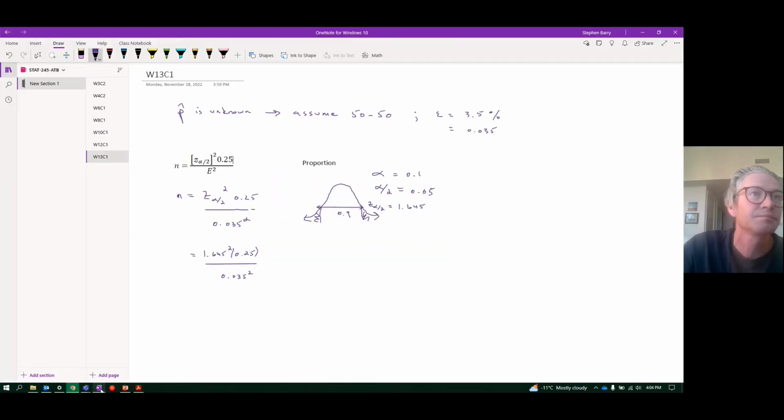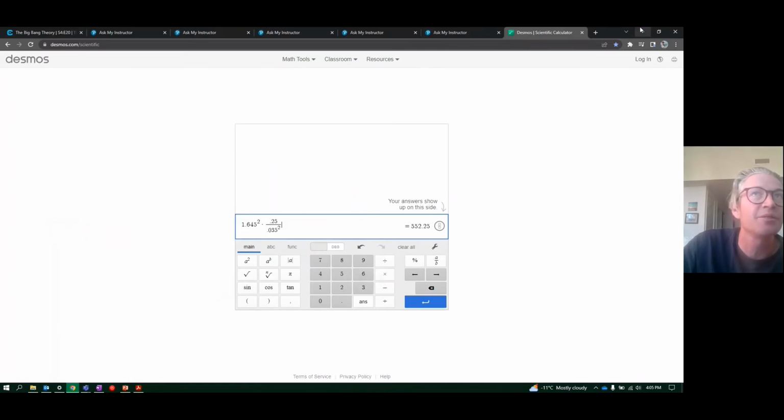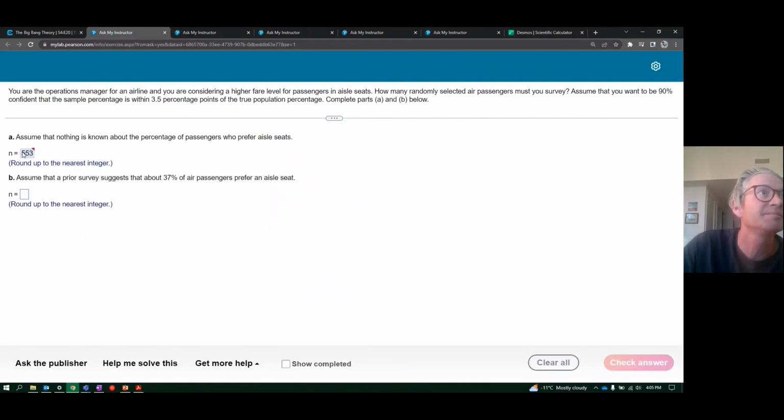552.25. Because this is a discrete value, you have to say we need 553 subjects. Always round up. And that looks like it's the right answer based off of this. Right. Assume that a prior survey suggests that about 37% prefer an aisle seat.